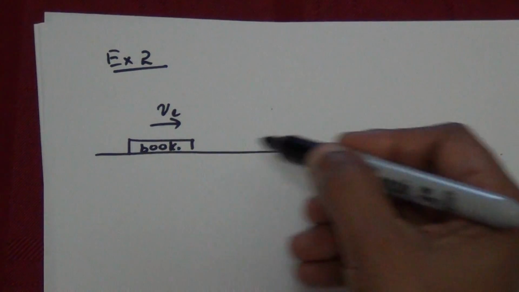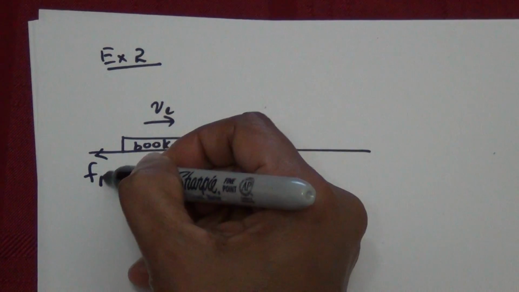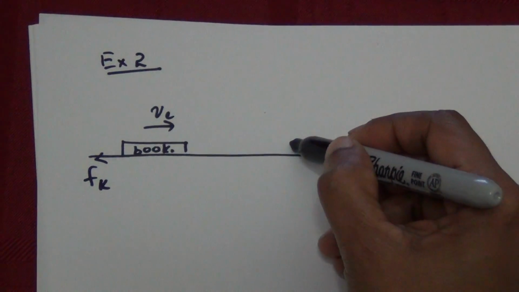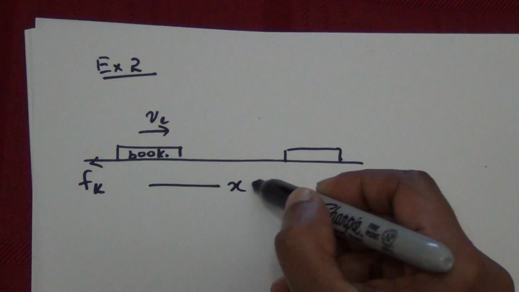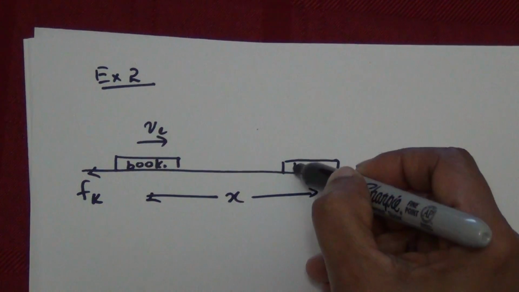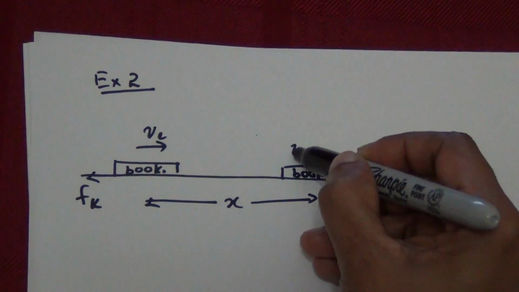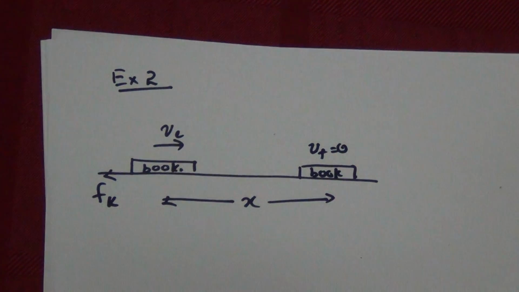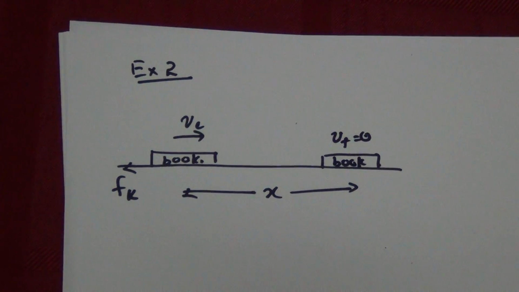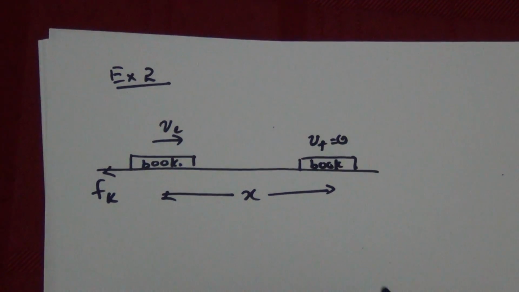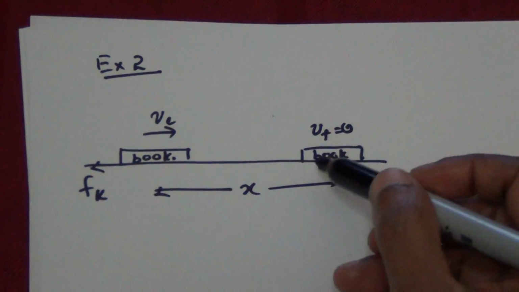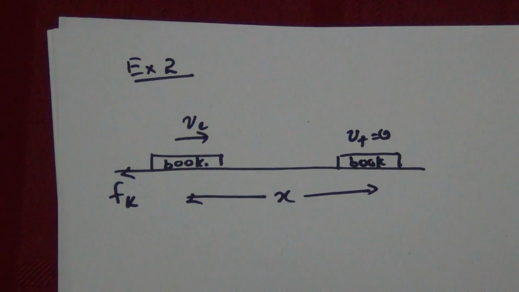It goes, and there is a friction force, and it will stop somewhere at distance x. While the book is sliding, there will be a friction force, so there will be heat generated due to the friction force.